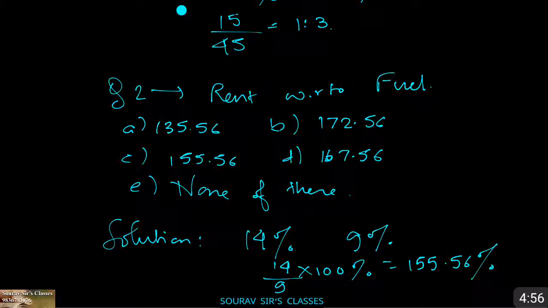That is option number C. Next question. Expenditure on which three heads constitute an angle of 108 degree? I repeat the question again. Expenditure on which three heads constitute an angle of 108 degree?